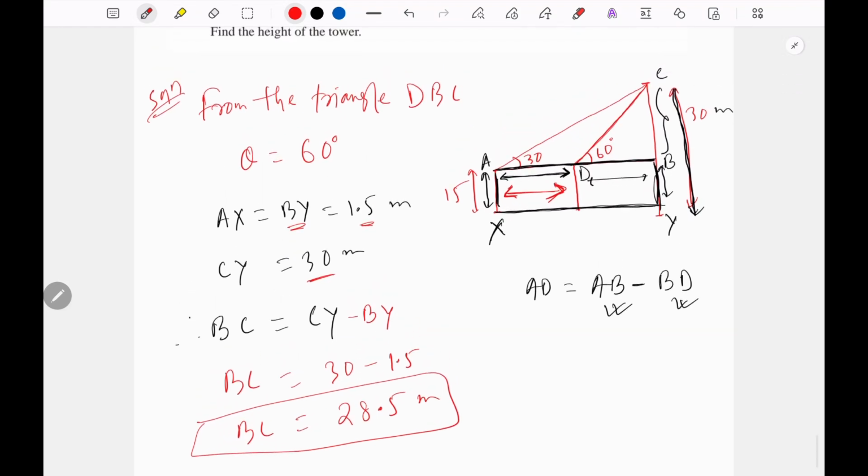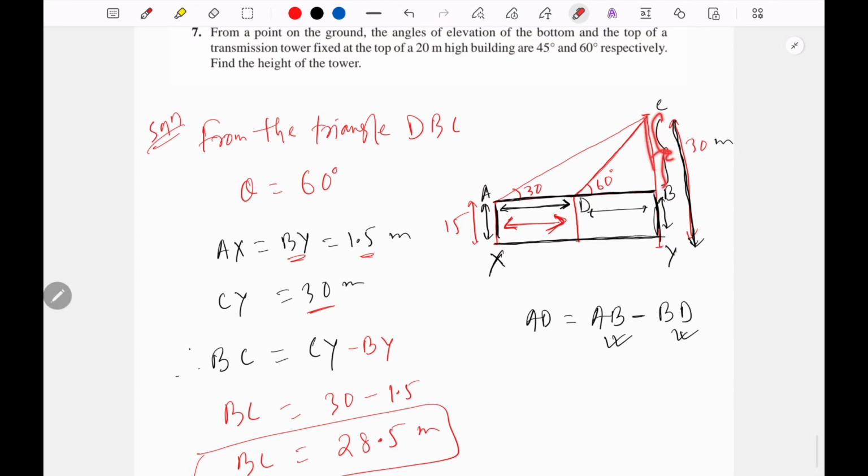Now we can write, see, we know this length. So this is perpendicular and this is base. So we need to find the value of this base, the length of this base. So what is the relation between P and B? We know tan theta is related to perpendicular by base.